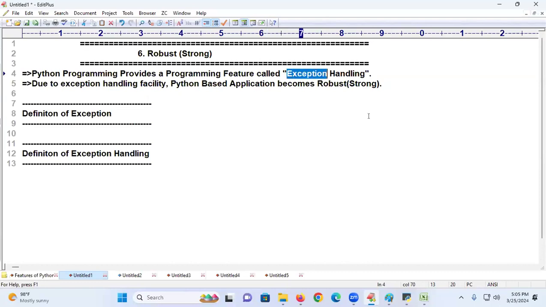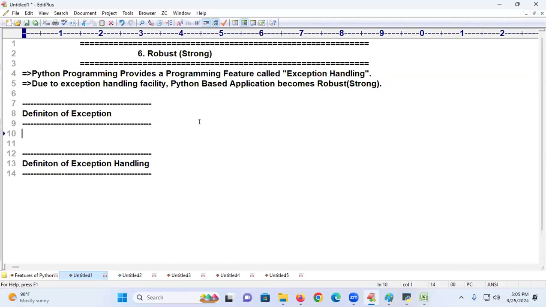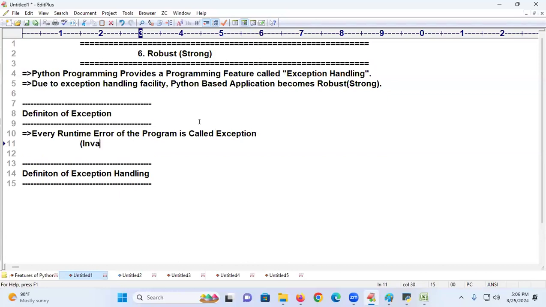I'm splitting and making you learn it. See students, now I am writing: every runtime error of the program is called what? Exception. In the bracket, if you write, come on, invalid input gives you what error?